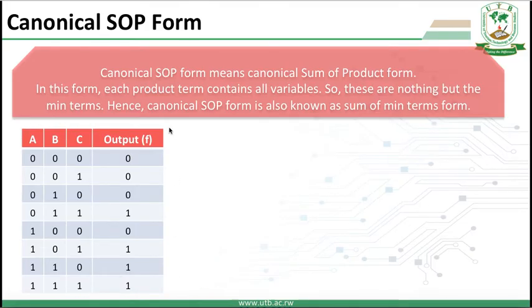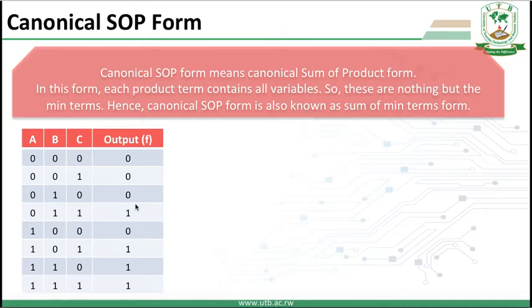This truth table says if I pass input 0 0 0, output should be 0. If I pass 0 0 1, then output should be 0. If I pass input 0 1 0, output should be 0. If I pass 0 1 1, output should be 1. It's just random. This truth table is filled.